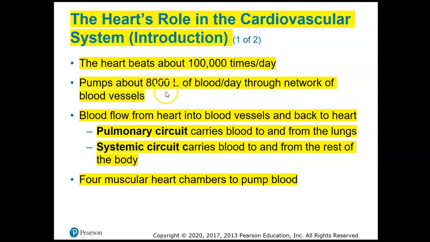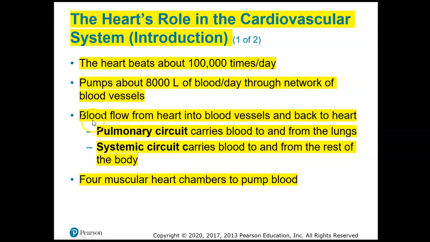How many 2-liter drinks is that? That's going to be like 4,000? Is that right? Yeah. 4,000 2-liter drinks. It's hard to even imagine. It's just kind of an unimaginable number.